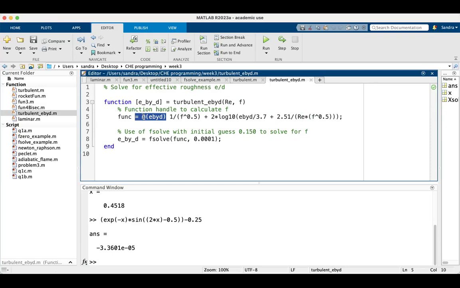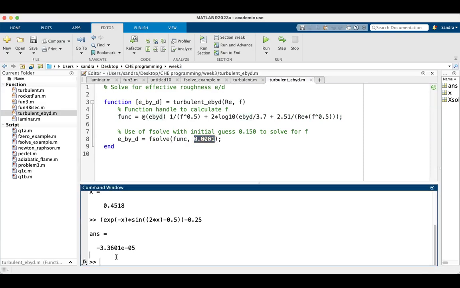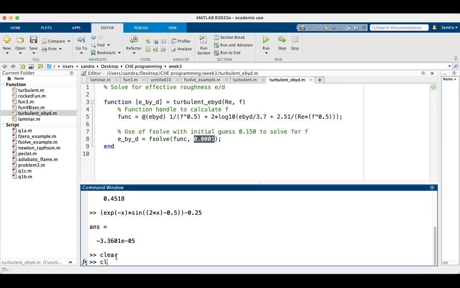Now what you do is you have to just use fsolve. It takes this function, and this is the initial guess. Initial guess for the E by D value. I'm giving an initial guess of 0.001.